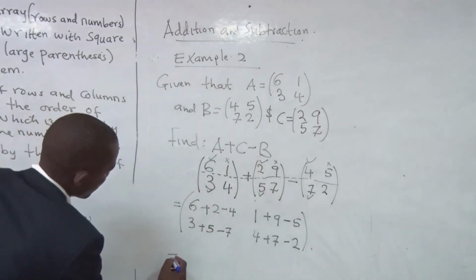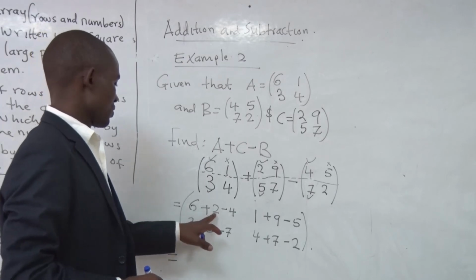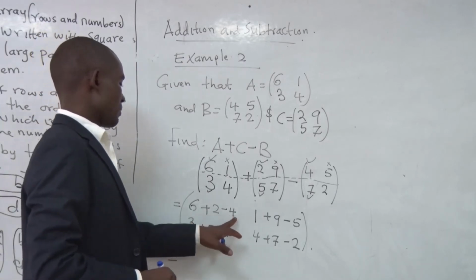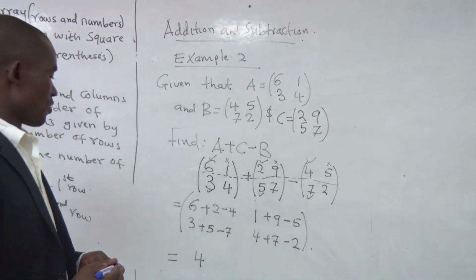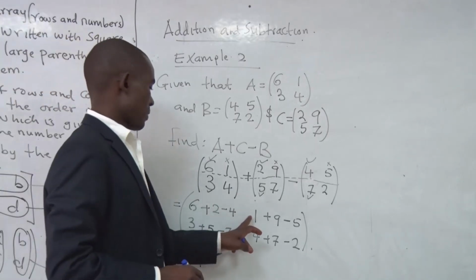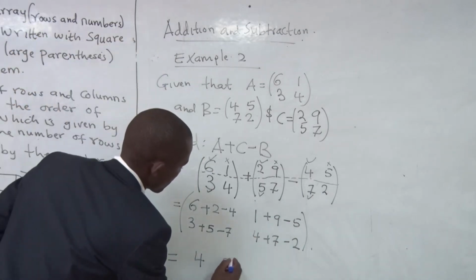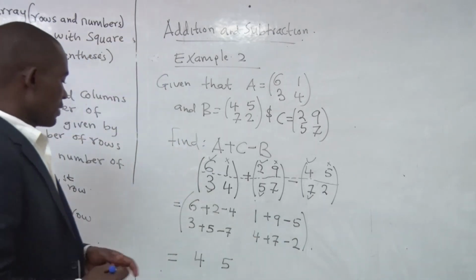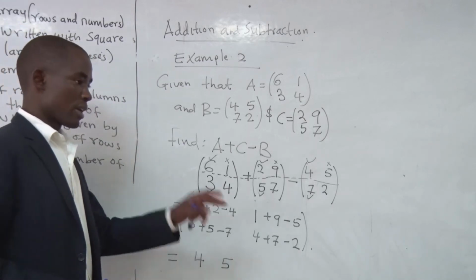We can now simplify so that we have 6 plus 2, you will have 8. 8 minus 4, you will have 4. You move to the second part. 1 plus 9 is 10 minus 5, you get 5. You come to this one. 3 plus 5 is 8. 8 minus 7, you will get 1.